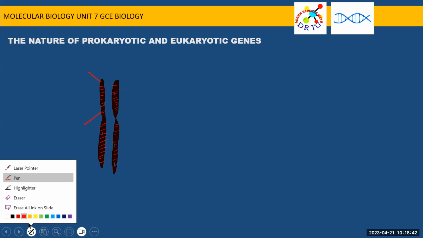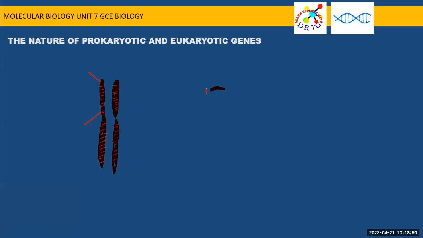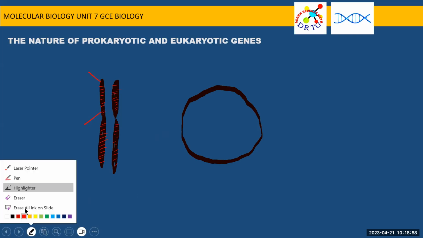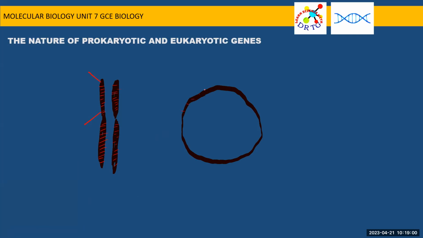When you take the prokaryotic chromosome, prokaryotic DNA, they have a circular DNA. And in this circular DNA, again, we can find genes.